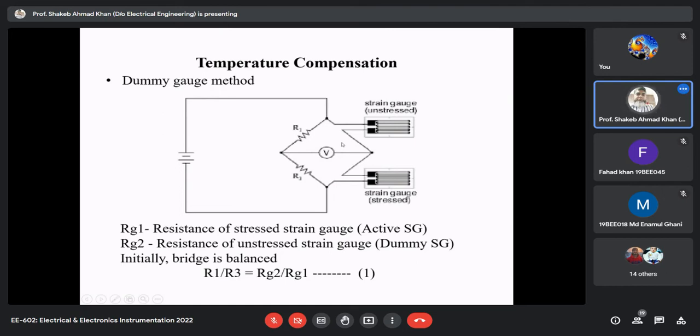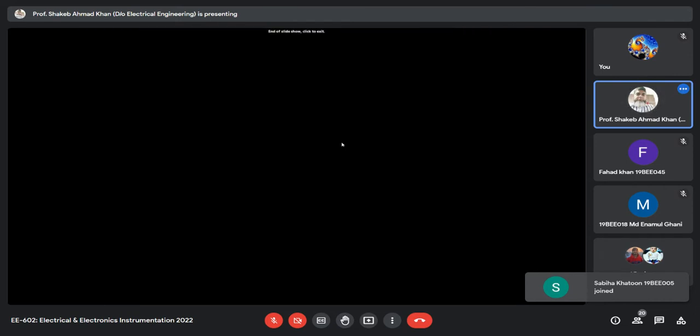Then somehow we try to have different changes when there is a strain, and the same change when there is a temperature. So that is the inception of this.